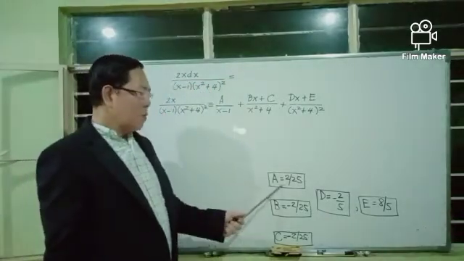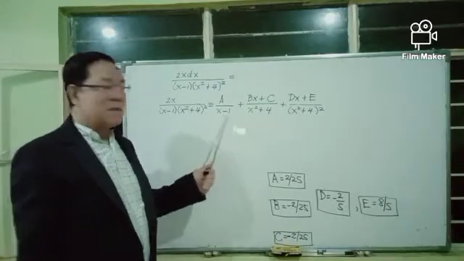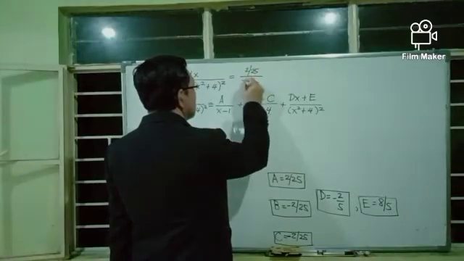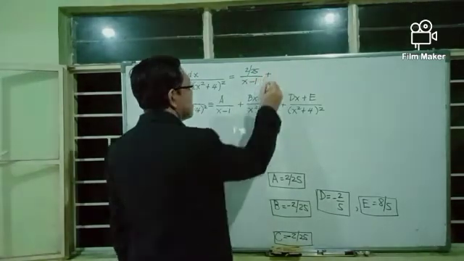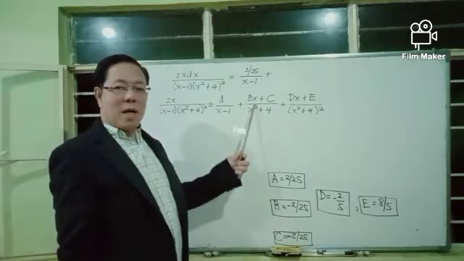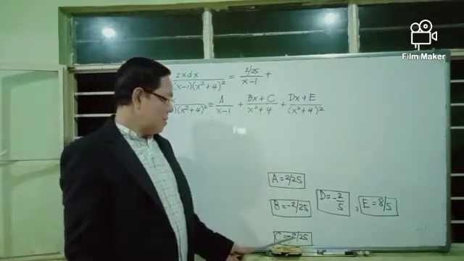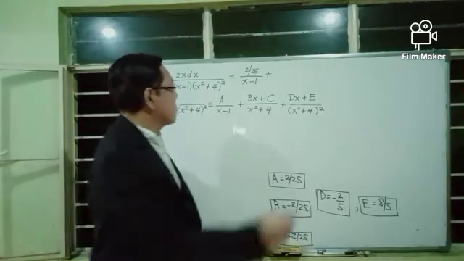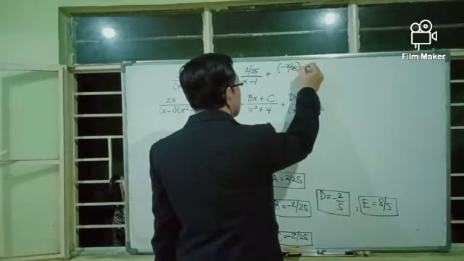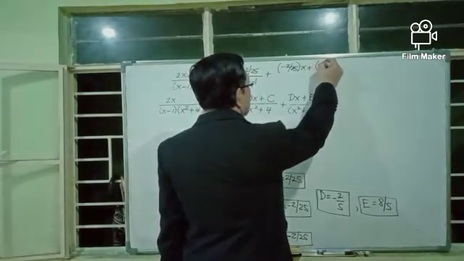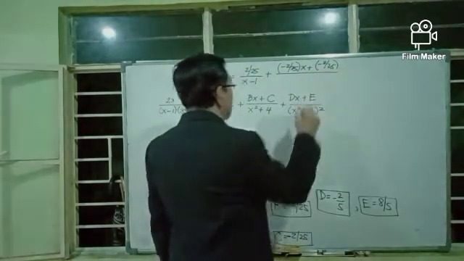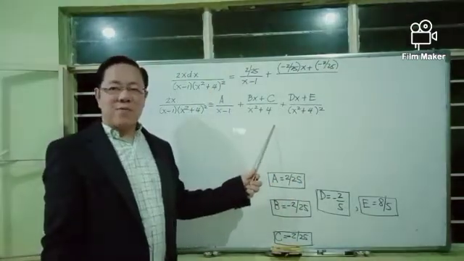a, 2 over 25 over x minus 1, plus b, negative 2 over 25, multiplied by x, plus c. c is minus 2 over 25, over x squared plus 4.